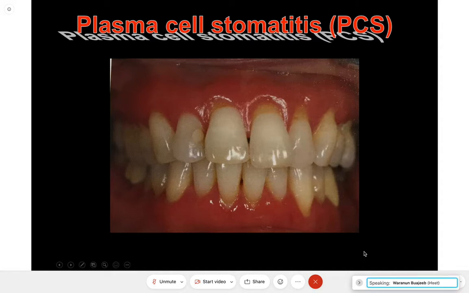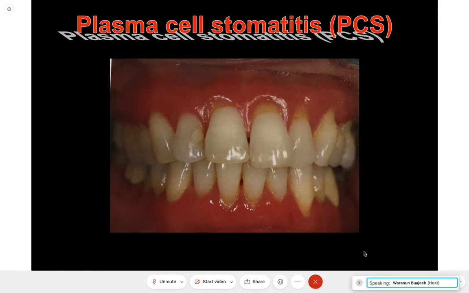It depends on individual patients. Maybe it's an ingredient in chewing gums, like a preservative or a taste ingredient, which differs for each patient. Some patients may be allergic to something different from others, so it depends on each patient.